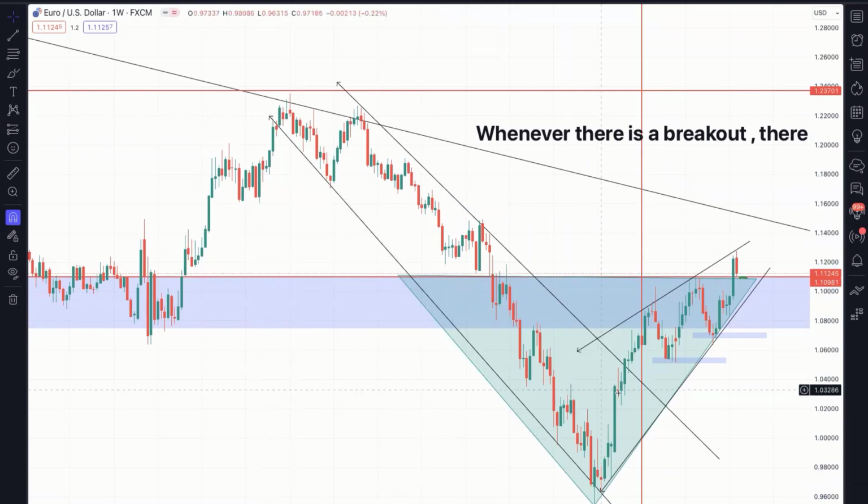Now, do you also see that there was a breakout out of this channel as well? Yes. So if price got here, what would you have thought? That it should go down, right? Sell. Yes. But what do you think price did?